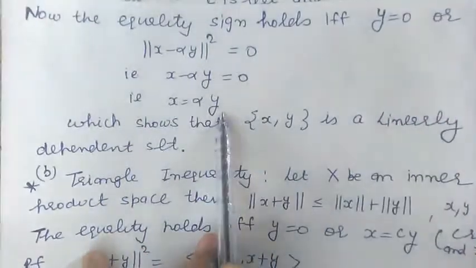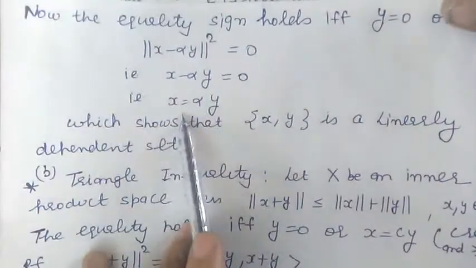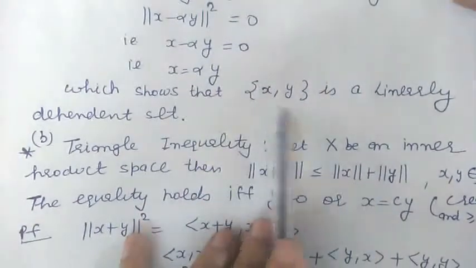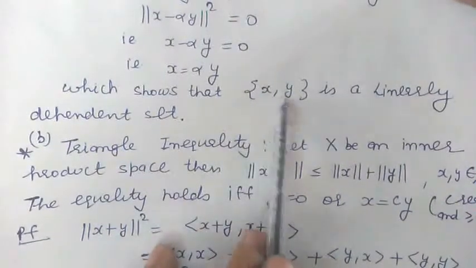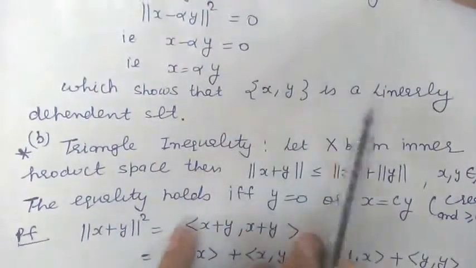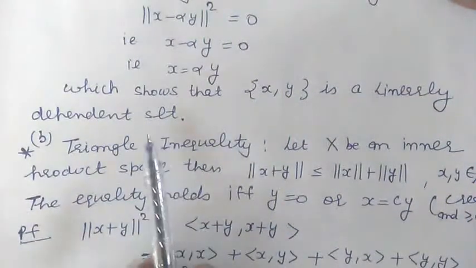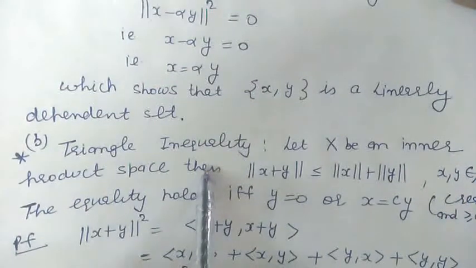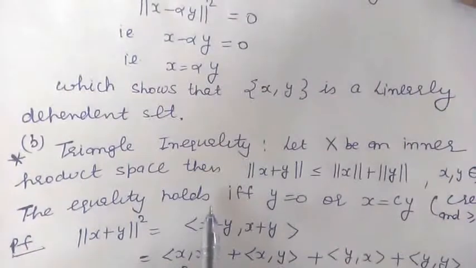If two elements are such that one of them can be written as a multiple of the other, then the pair of elements is linearly dependent. So we can say that the set formed by the elements x and y is a linearly dependent set. Thus we have proved that in the Schwarz inequality, the equality sign holds if and only if the pair of elements forms a linearly dependent set.